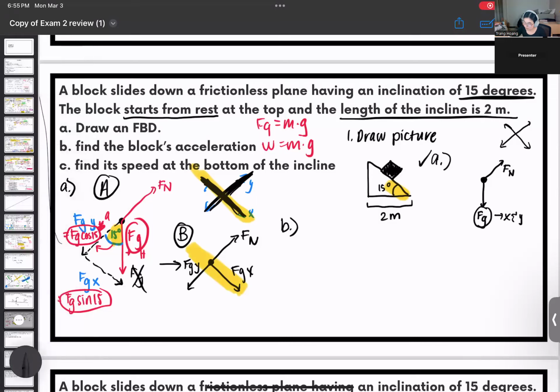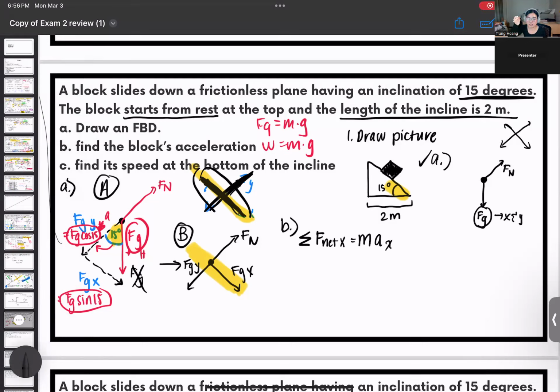Okay. So that means all we have to do is the net, the sum of forces in the x direction is equal to Newton's second law, mass times acceleration in that x direction.